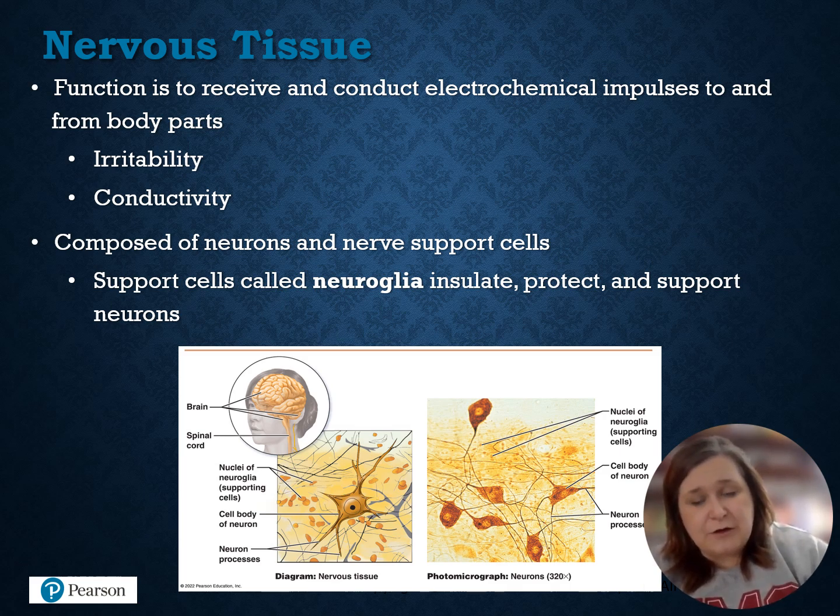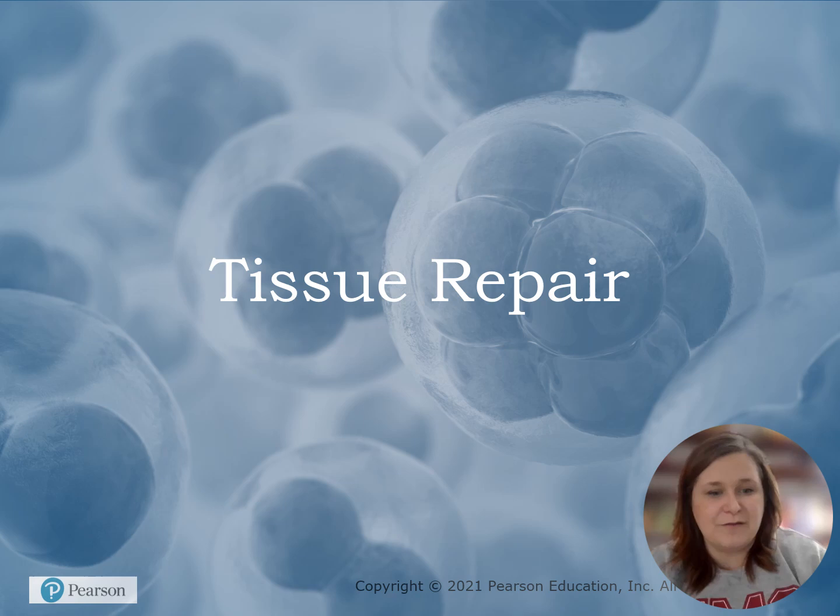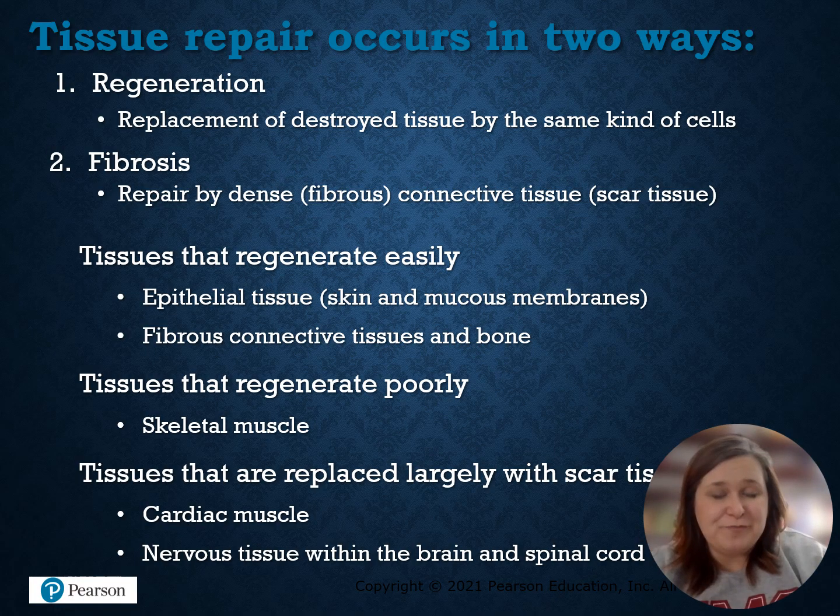The support cells are going to be called neuroglia, and they are going to insulate, protect, and help support those neurons. I gave you a little diagram here that goes over all of the slides that we just covered, all 20 or whatever it was of them, in one little graphic to make your studying a little bit easier. Let's talk briefly about tissue repair.